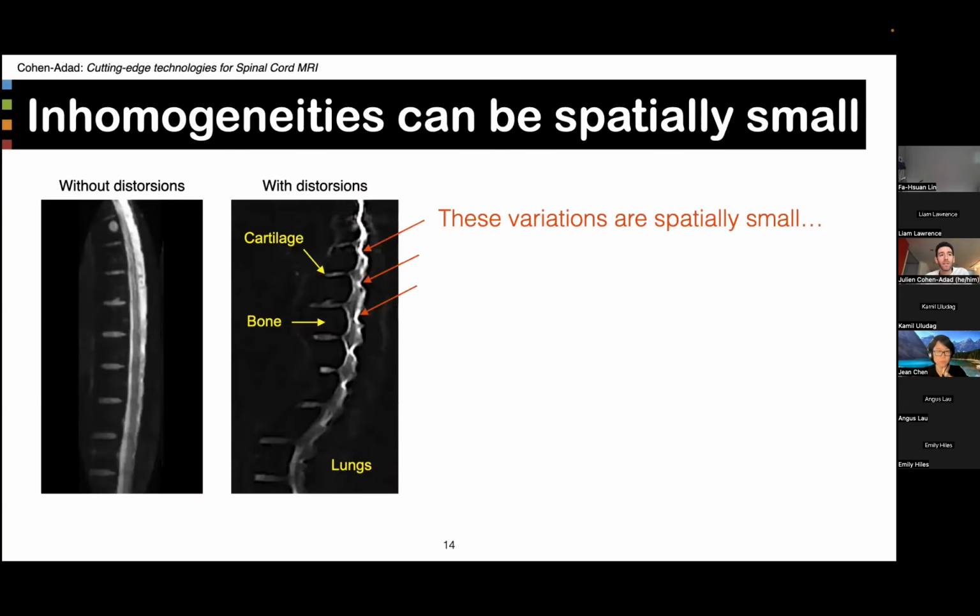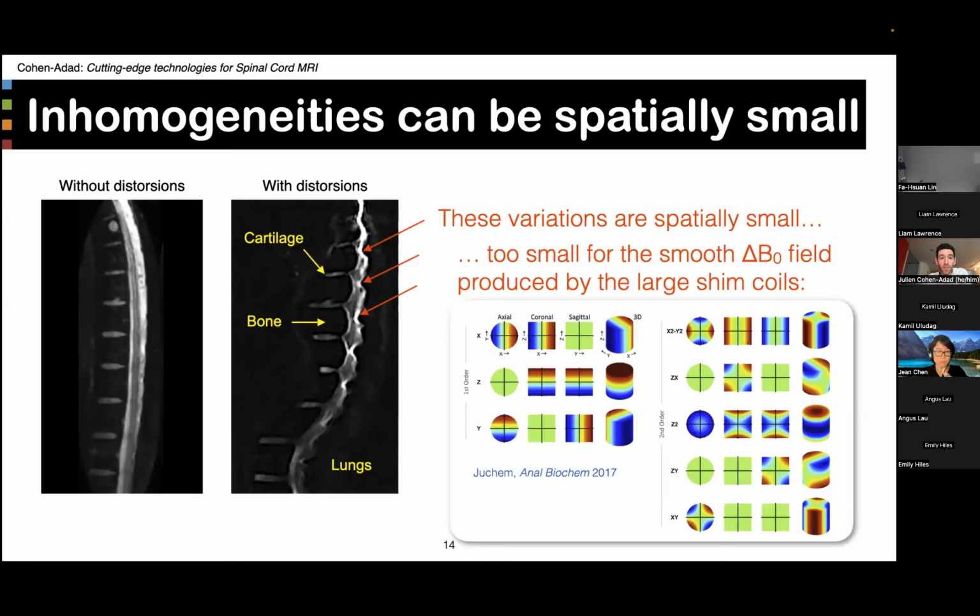But shimming in the spinal cord can be hard for two reasons. The first reason is that in the spinal cord region, there are a lot of small spatial scale inhomogeneities that are caused by closely spaced structures with different susceptibility profiles, such as the cartilage, the bones, and the lungs. The default shim coils that are integrated into the MR systems can usually achieve up to third-order spherical harmonics.